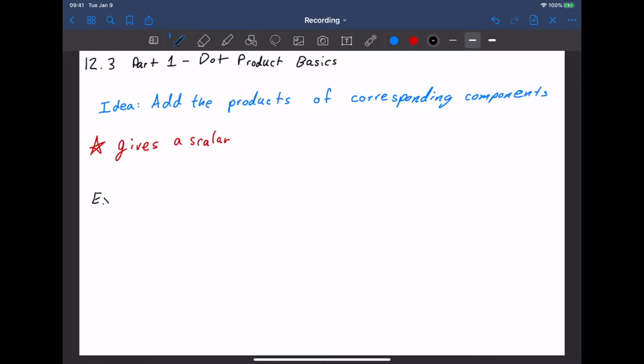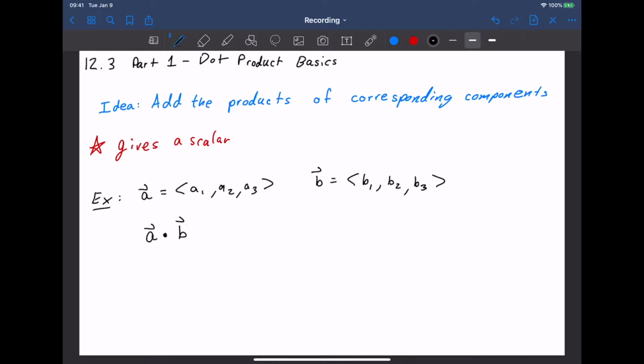And an example with just numbers, if vector A is A1, A2, A3, and vector B is B1, B2, B3, A dot B, so this is a dot product of two vectors.